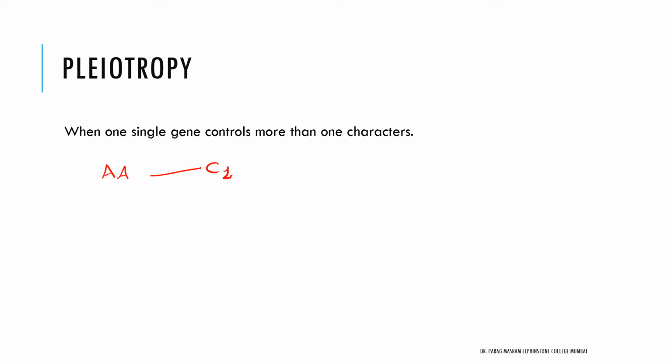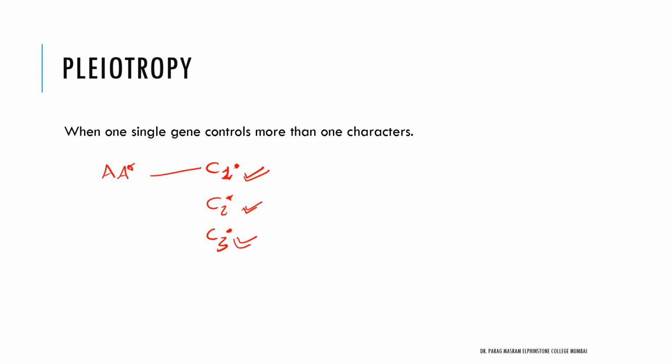If there is a mutation in this gene, this character is going to get affected. But along with the effect in this character, we also see an effect in other characters, so more than one character is linked together or affected together. So an individual which shows a mutation in the gene controlling one character also shows an effect on different characters as well.